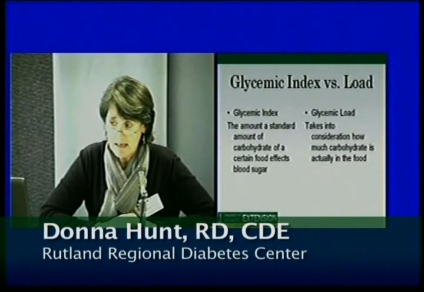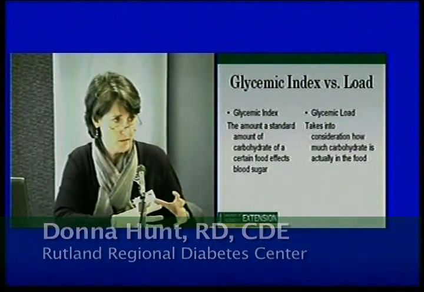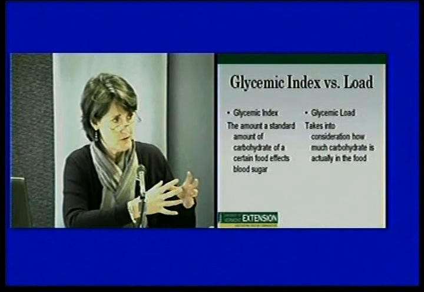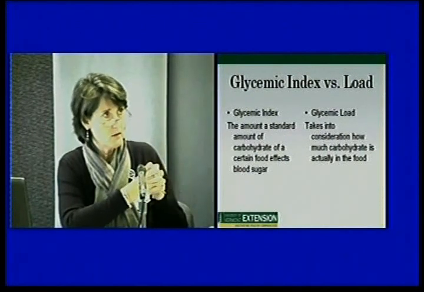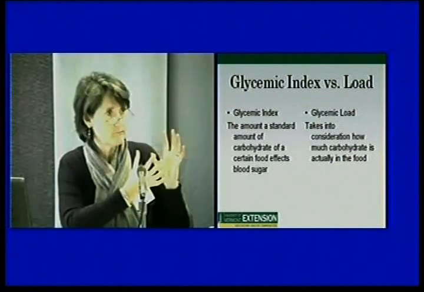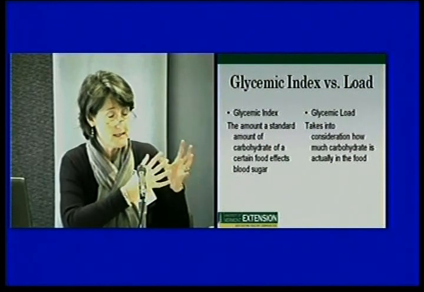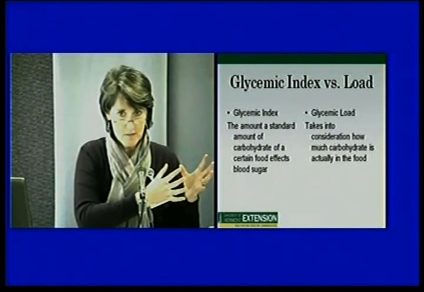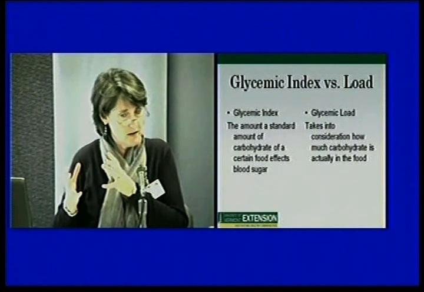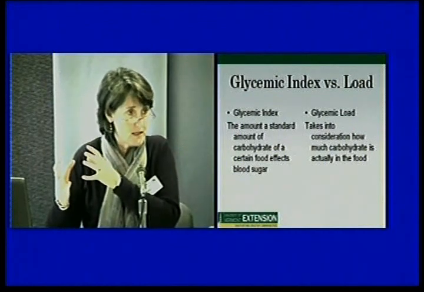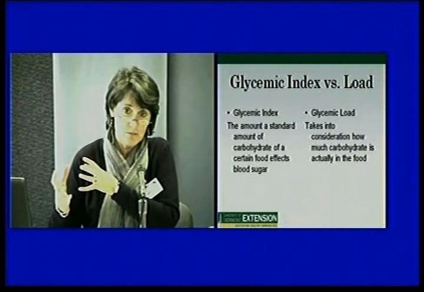The glycemic index is looking at a standard amount of food. So 50 grams of carbohydrate in a standard food, let's say carrots. So 50 grams of carbohydrate in carrots, how much that affects the blood sugar levels in comparison to 50 grams of carbohydrate from another standard food, and it's typically white bread, either white bread or sugar, that they compare it to.